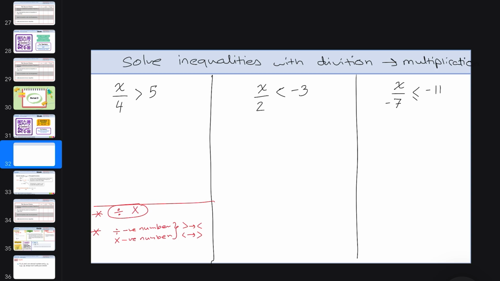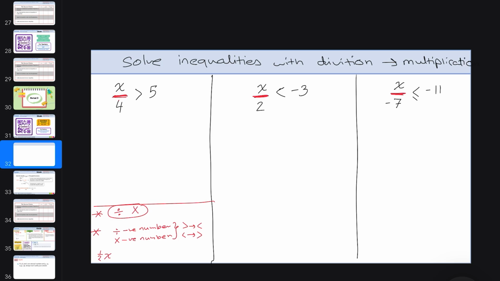And lastly, for division, you will not see fractions. The division in an inequality is already represented using a fraction, but the variable is one part of it. That's why we say the variable is divided by the number: x is divided by 2, x is divided by negative 7. But before, we had a multiplication by a fraction, let's say 1/2 times x.